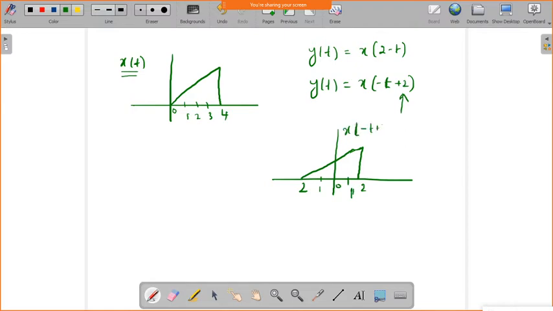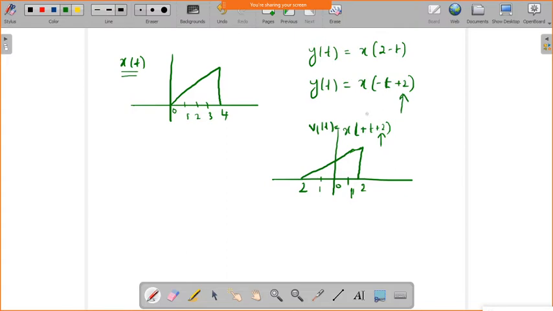Whatever x of minus t plus 2, first we have shifted x of t, that is the intermediate signal v1 of t, by 2 units.